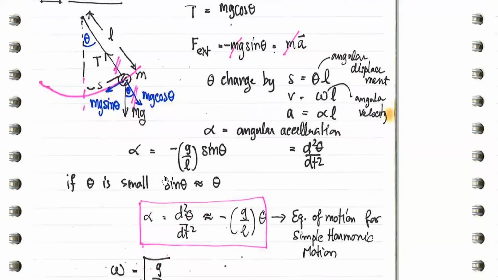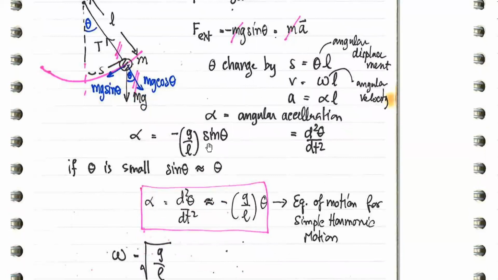Now, this is not considered simple harmonic unless your theta is small enough that sine theta is approximately theta in radians. This one we have to point out: it must be in radians. So we have d squared theta by dt squared, or the acceleration, is minus g over L theta.